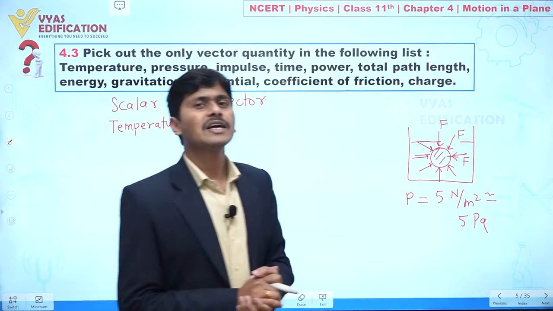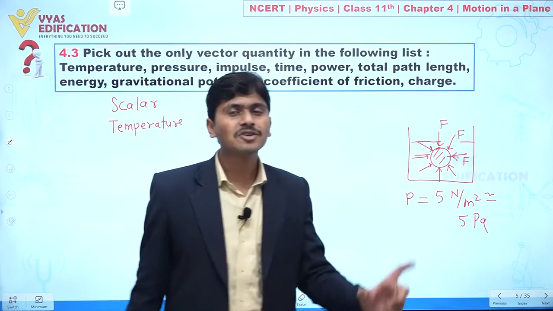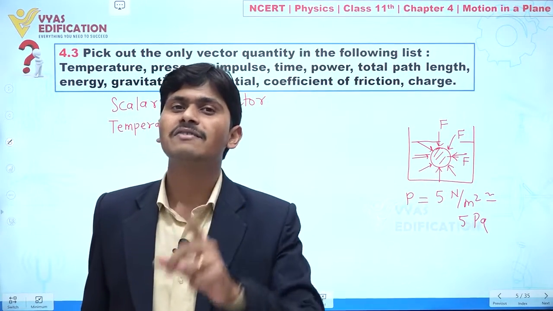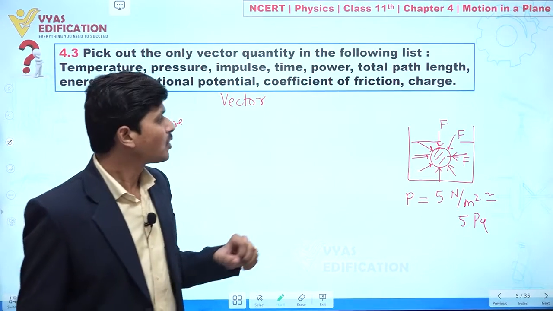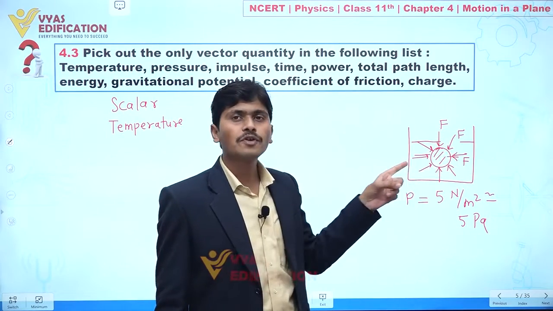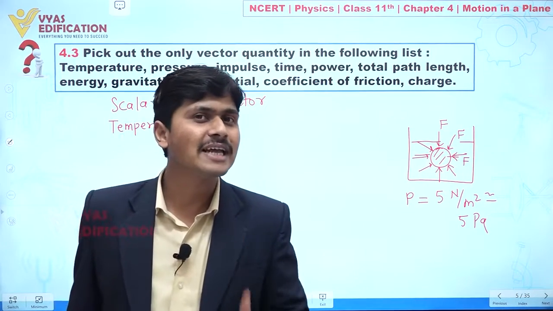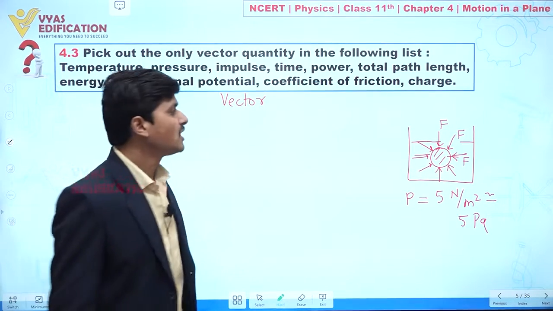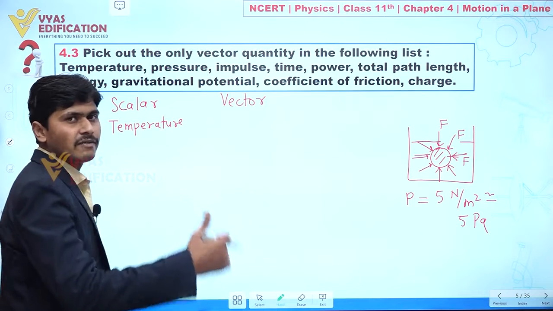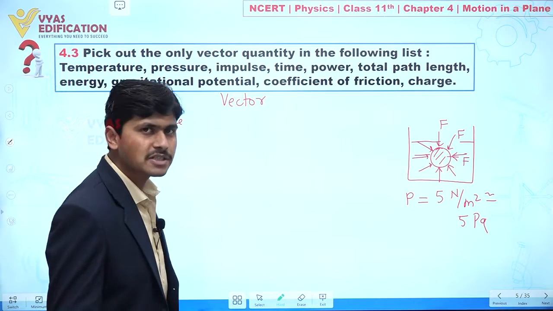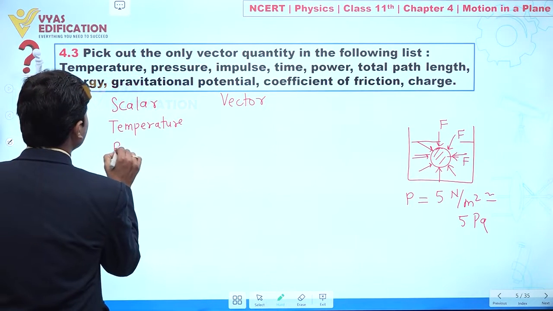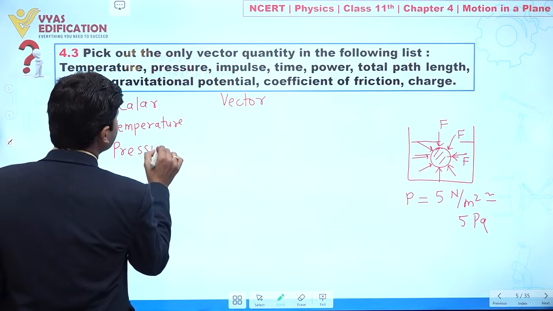Pressure is not a vector quantity because it does not have any specified direction. The force is acting from every side. We cannot take a particular specific direction for pressure. Although it has direction, it does not have any specified direction. So we can put pressure in the scalar category.